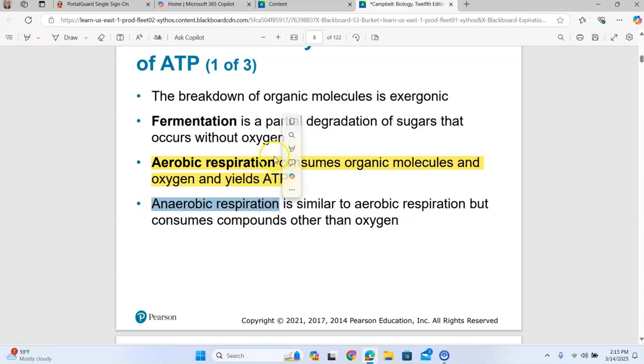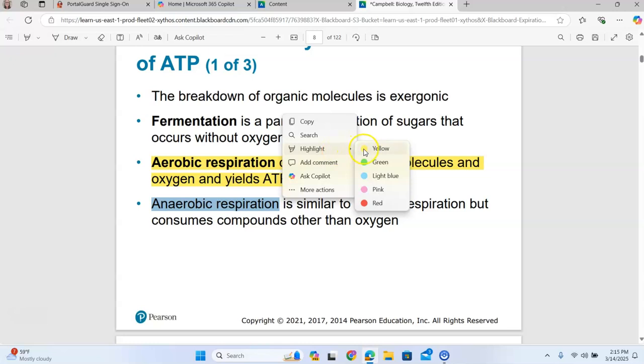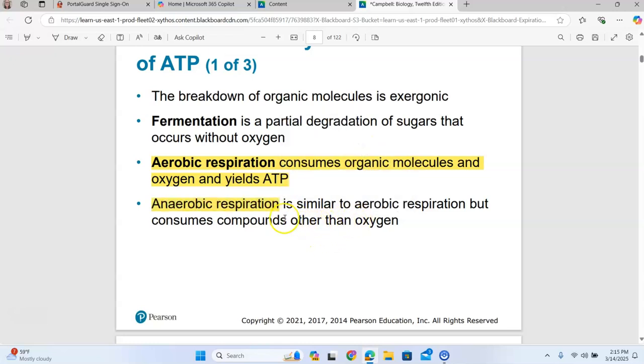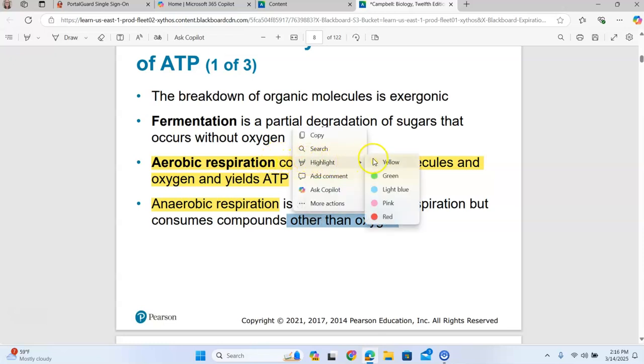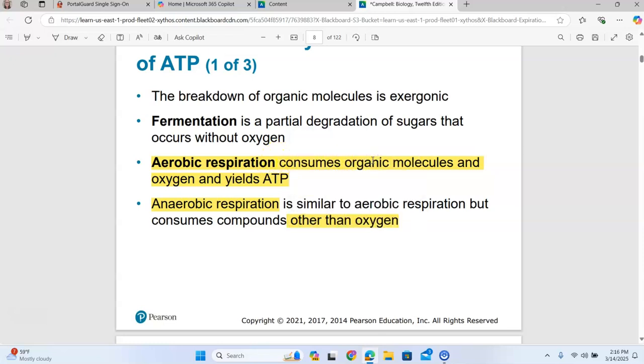So in anaerobic respiration, oxygen is not required. Let me try this again. So in anaerobic respiration, you're going to have breakdown of organic molecules, but not in the presence of oxygen.